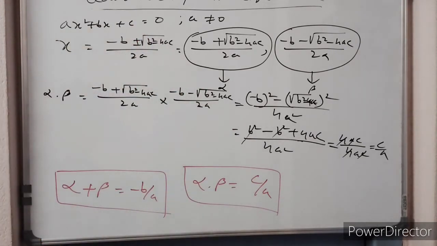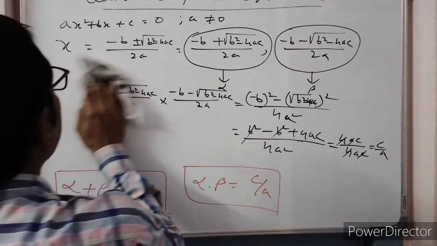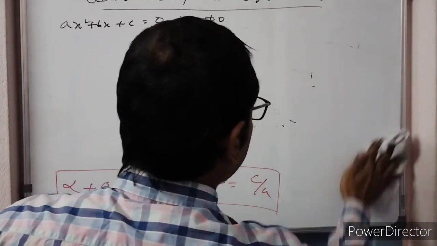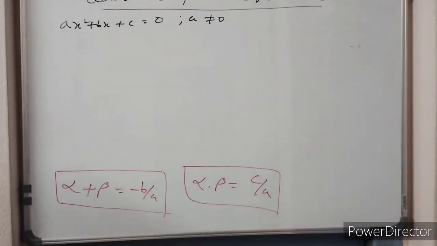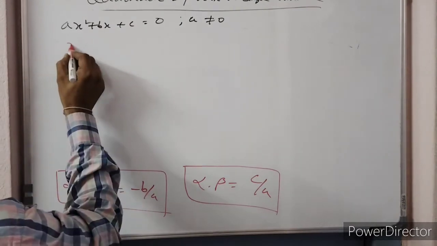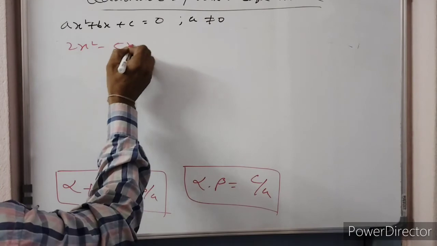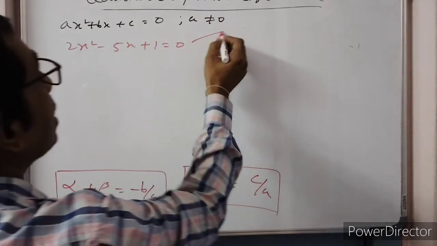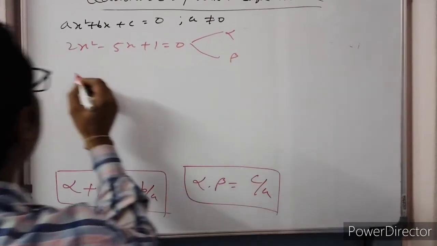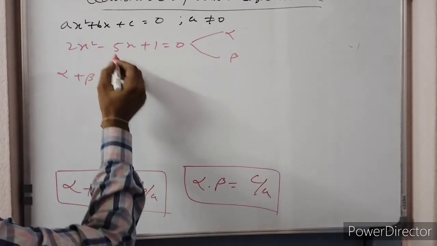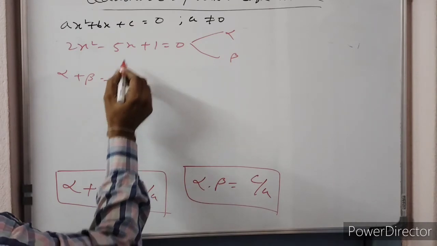As an example, suppose a quadratic equation 2x square minus 5x plus 1 equal to 0. Let the roots be alpha and beta. Then alpha plus beta, that is the sum of the roots, is minus b by a.